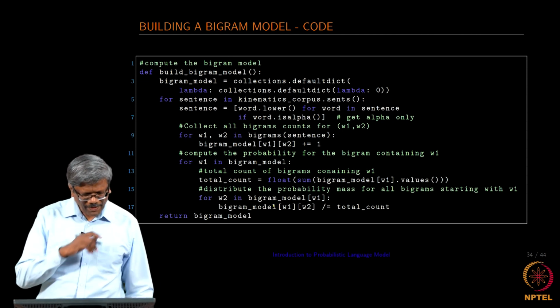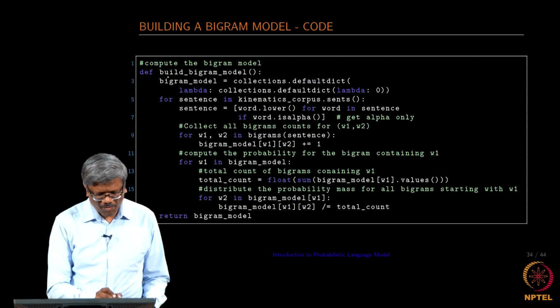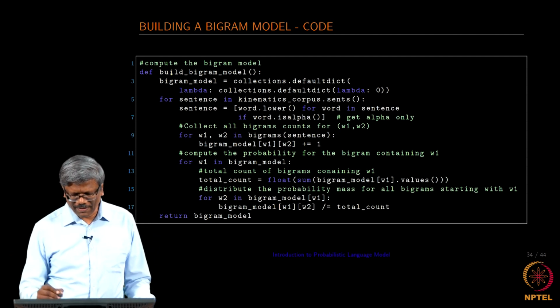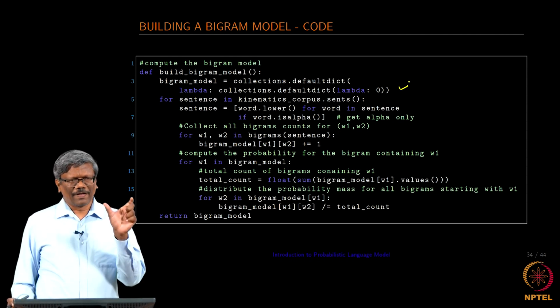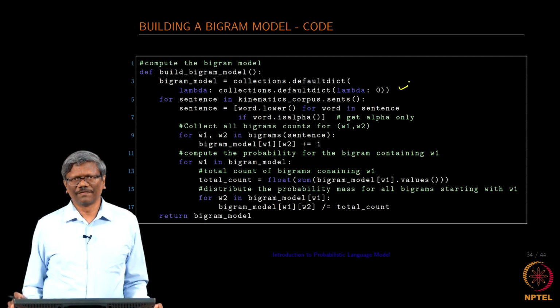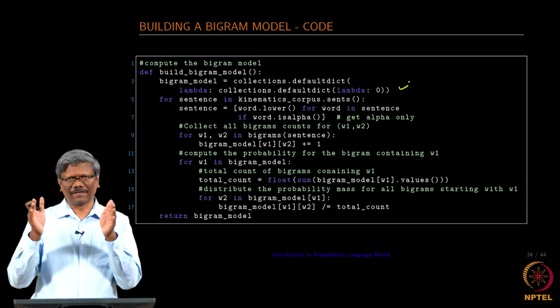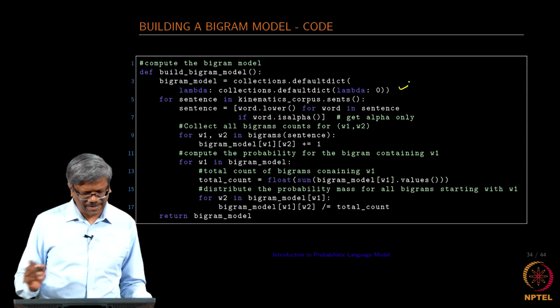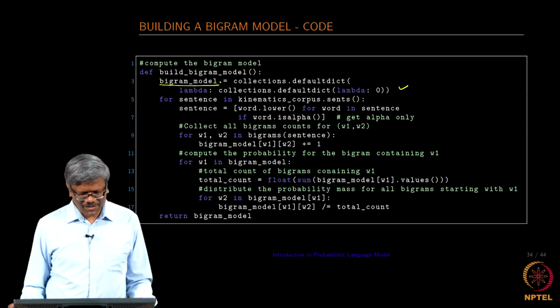Now I am going to build the bigram model. In the bigram model, first I am creating the dictionary. The dictionary holds, for every combination, the probability or the frequency of each of those words. So I am creating the model as a dictionary.